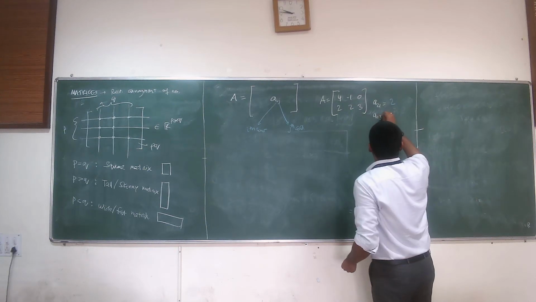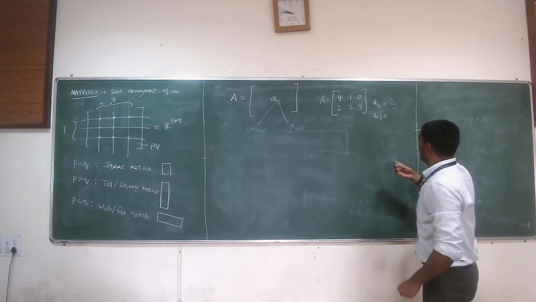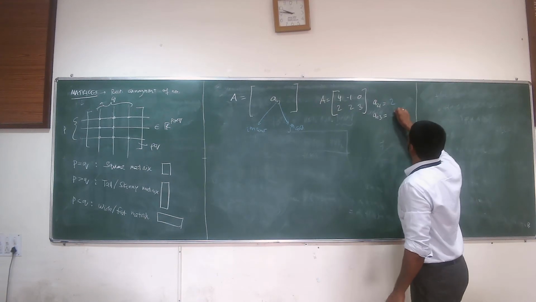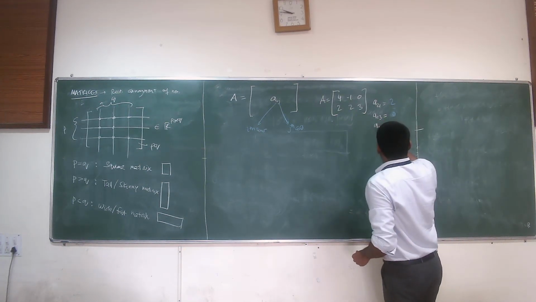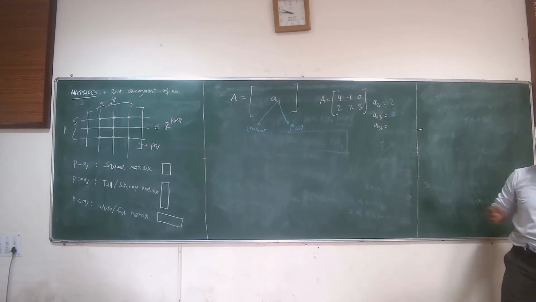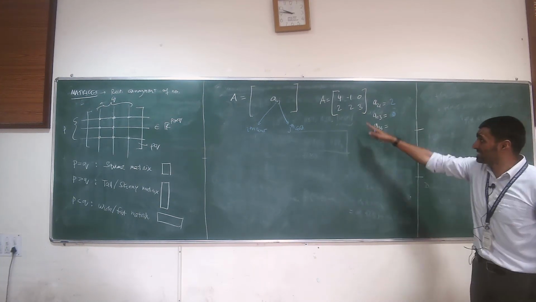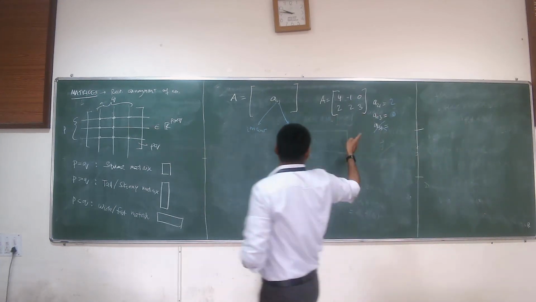What about A13? That's 0. What about A33? No, it's not defined. This matrix does not have three rows, so this is not possible. So you get the hang of it.